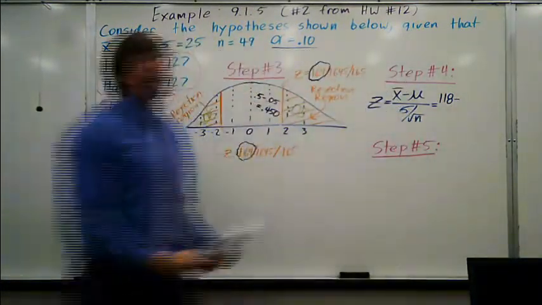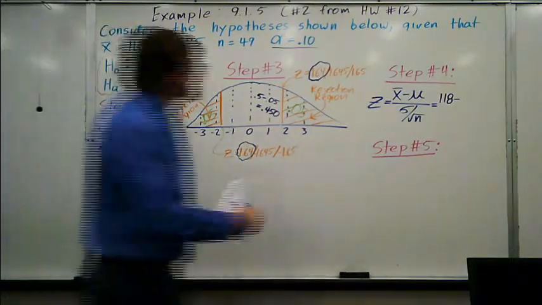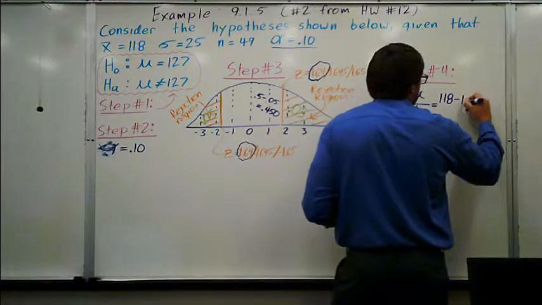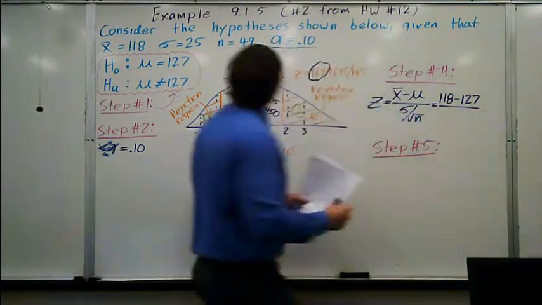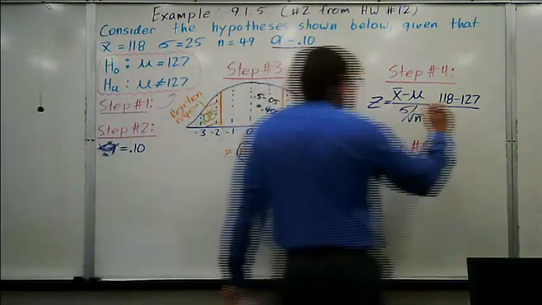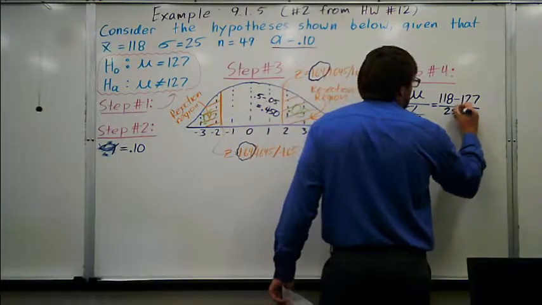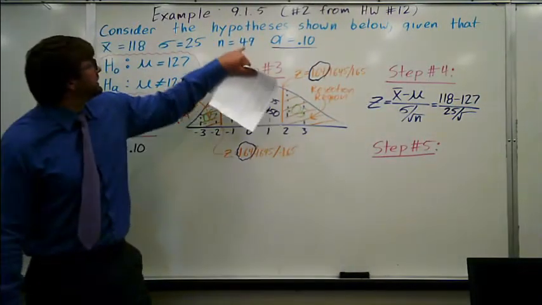Our hypothesized population mean is 127, and that's all divided by our population standard deviation of 25, divided by the square root of the sample size, and our sample size was 49.